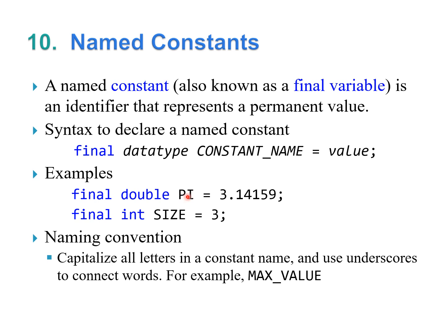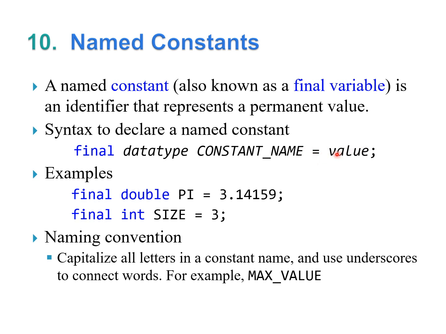The syntax to declare a named constant starts with the keyword final, followed by the same syntax you would use to declare and initialize a variable. That is, you need to specify the data type of the constant and then the name of the constant and then set equal and then the value of the constant.